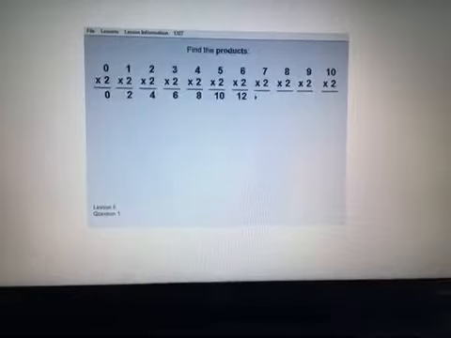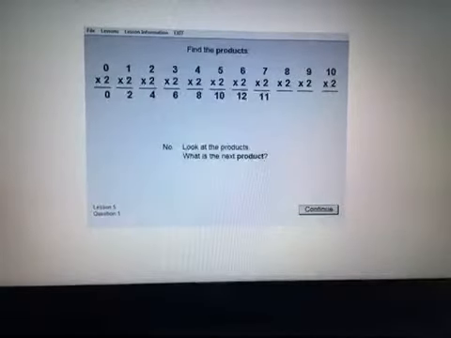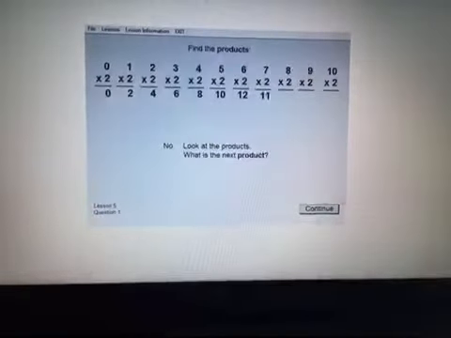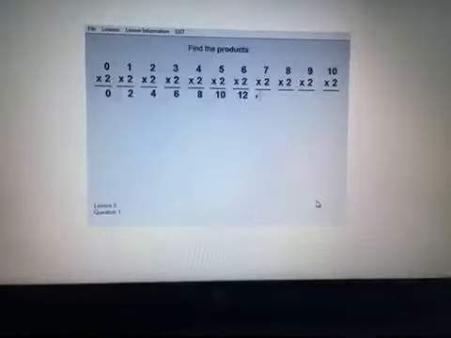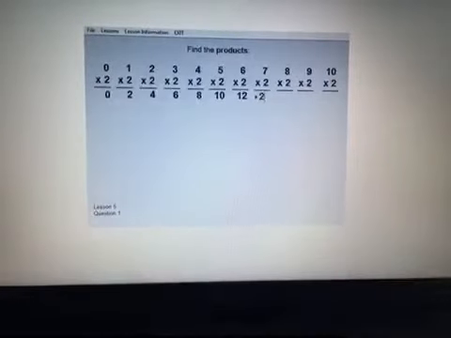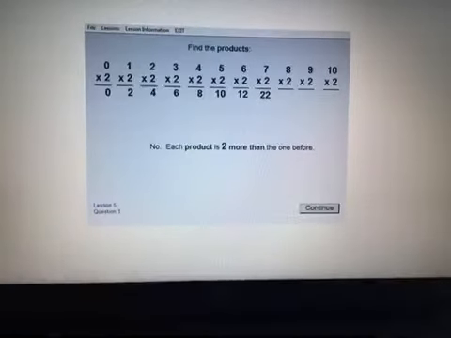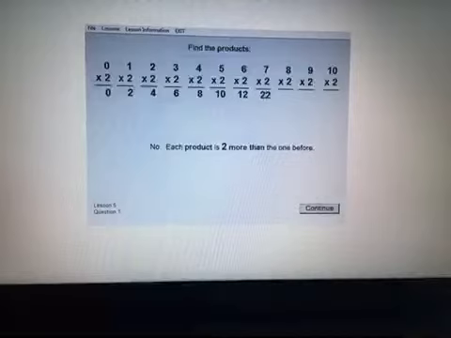Let's miss this and see what happens. And this will emphasize this progression.